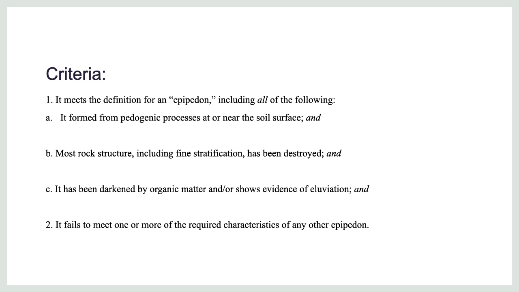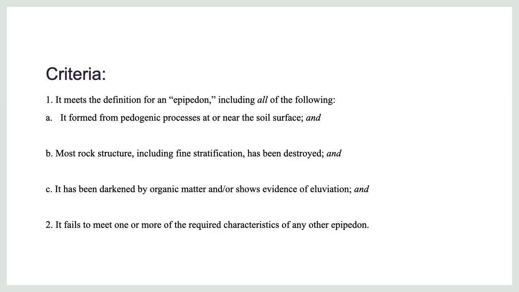So I cannot call something an ochreic epipedon if that specific section fits all the criteria, for example, of a mollic epipedon, or an umbric epipedon, or a folistic epipedon, or a histic epipedon.